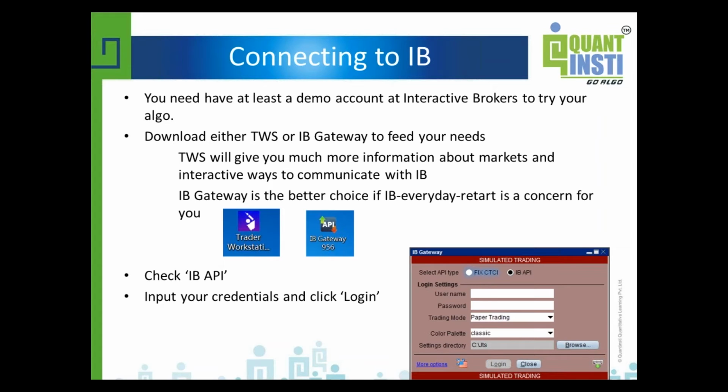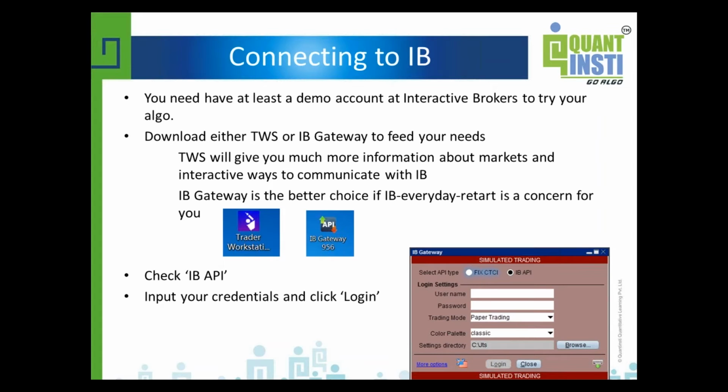But IB will shut down, actually restart its system, every night around 11 p.m. Pacific time, and if that's a concern for you, IB Gateway is the best choice. Another thing is IB Gateway is faster than TWS when communicating with IB. So it's a personal choice, but I highly recommend that you try IB Gateway.